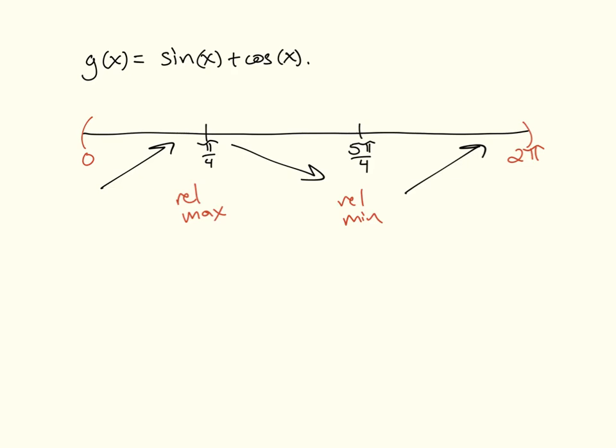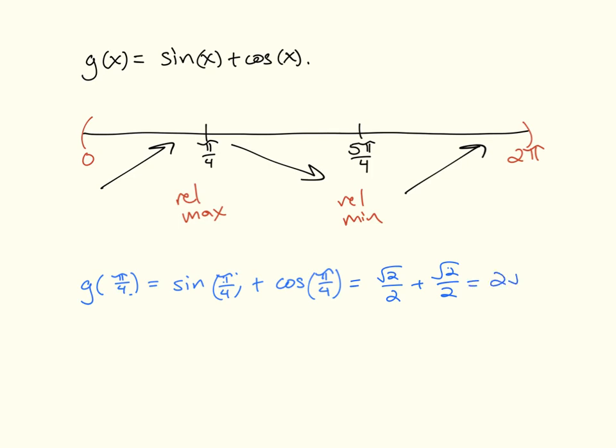So we will look for g of pi over 4, and that is equal to the sine of pi over 4 plus the cosine of pi over 4. What this becomes is the square root of 2 over 2 plus the square root of 2 over 2, which equals 2 square roots of 2 over 2.